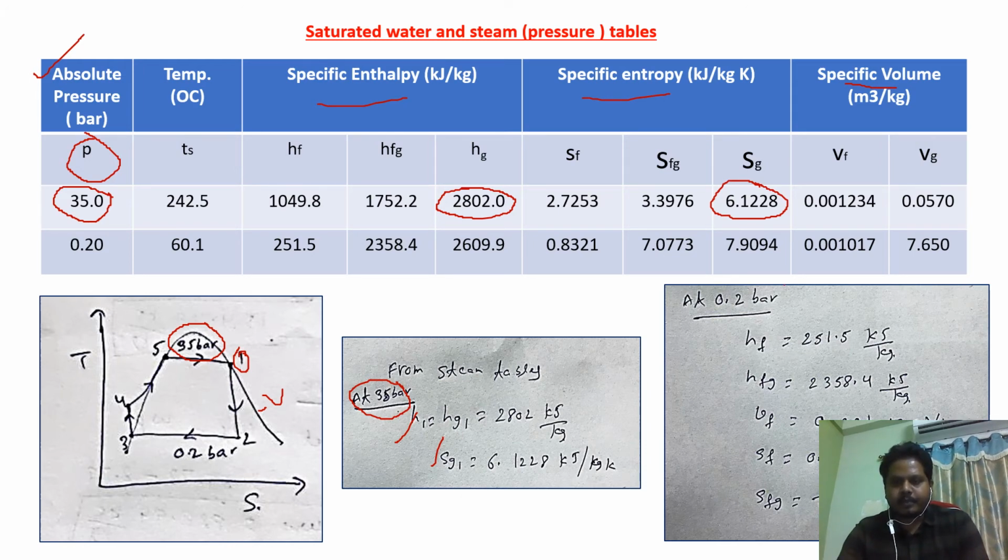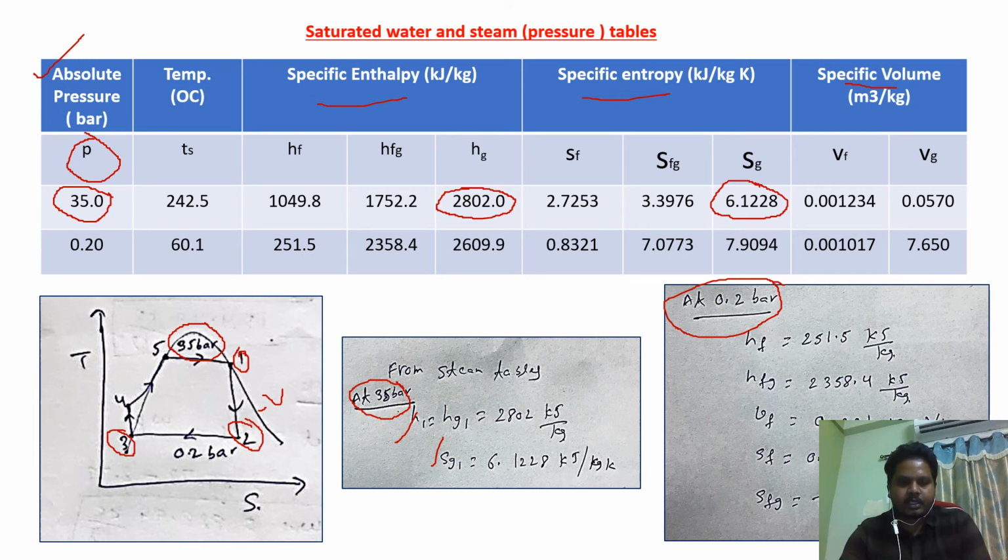The other pressure is 0.2 bar. At the exit of the turbine the pressure is 0.2 bar. Here the 0.2 bar goes through the process 2 to 3. Here 2 to 3 is the heat rejection process through the condenser.